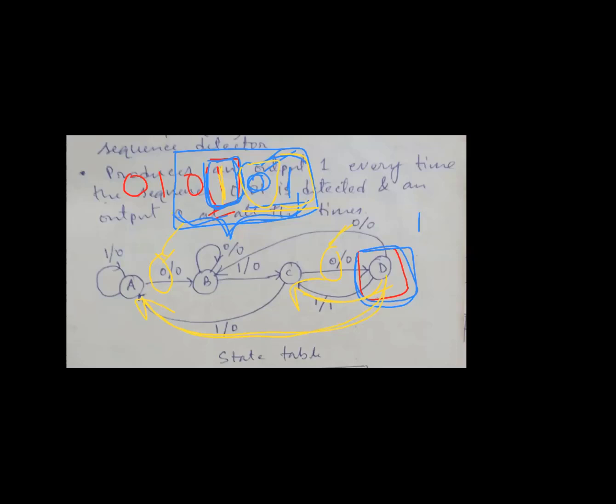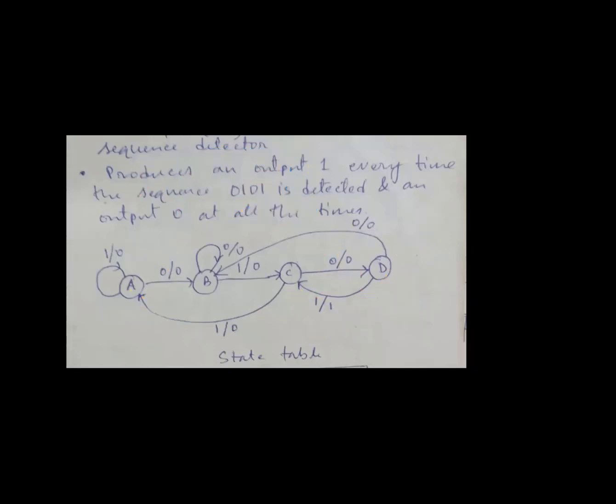Now the question is, to which state should we go, A or C? Anybody, can you suggest which state would be better, A or C, when we are over D and input is 1? Look at the diagram. If we look at the diagram, 0 1 0 1, we are scanning 1.